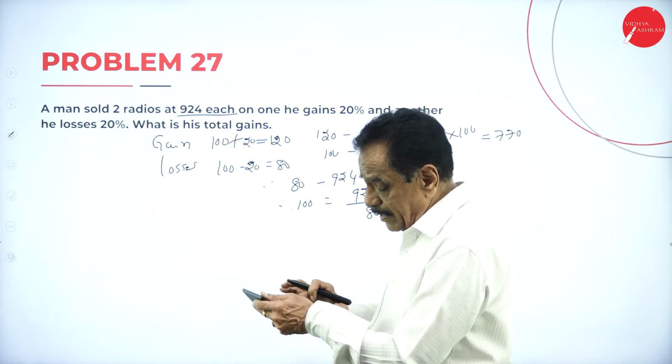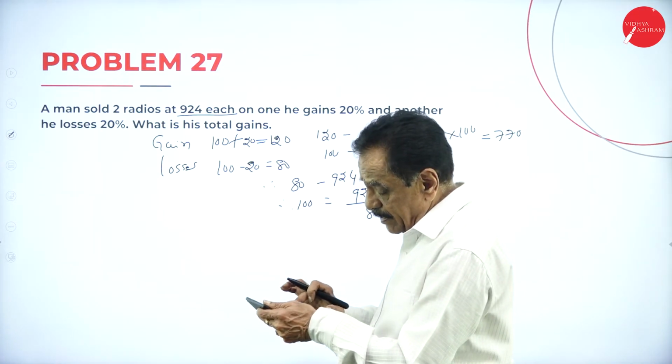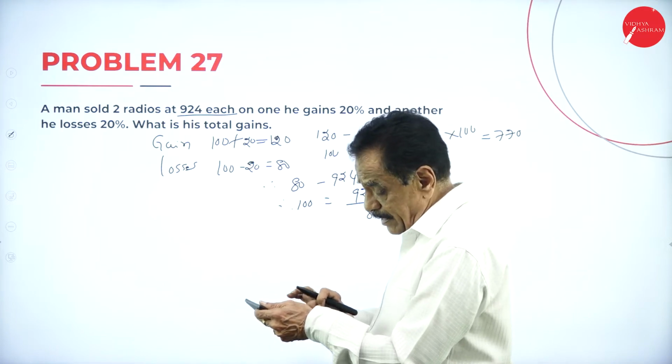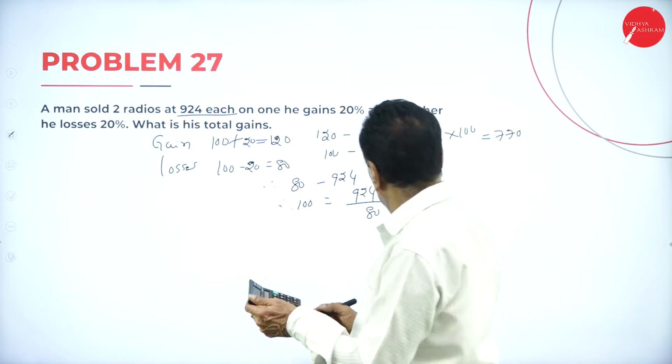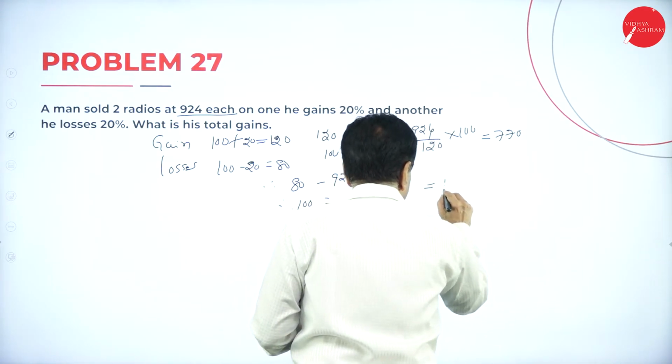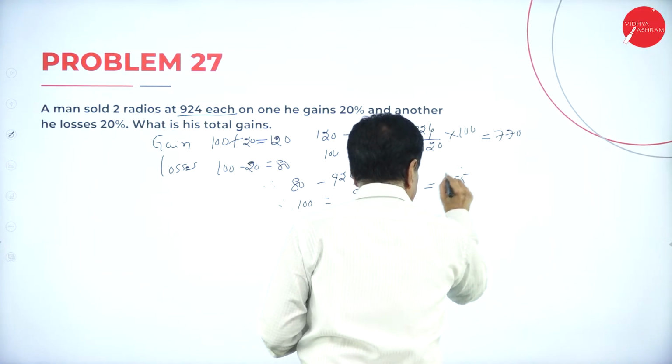924 divided by 80 into 100 is 1155. This is the loss.